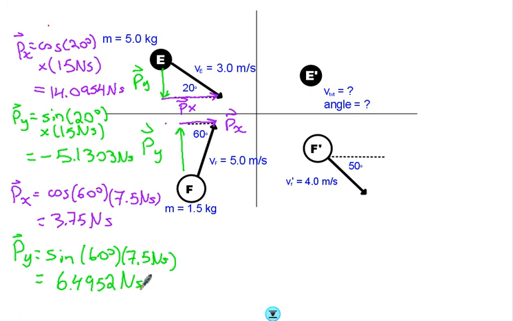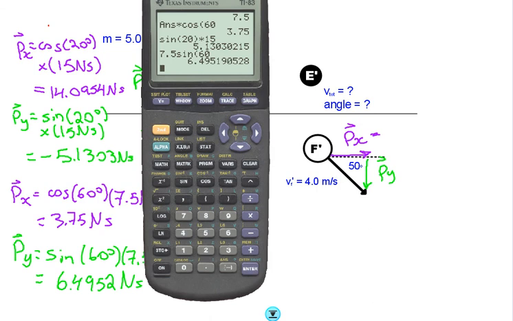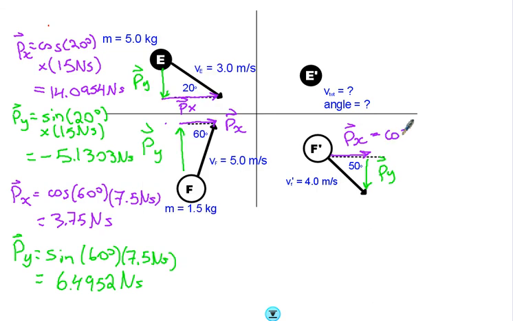We got one more set to do over here. I've got a downwards y component. I've got an x component. Find those. So for our x component, we're going to use cosine. And the momentum after collision is 4 meters per second. And this has got a mass of 1.5.